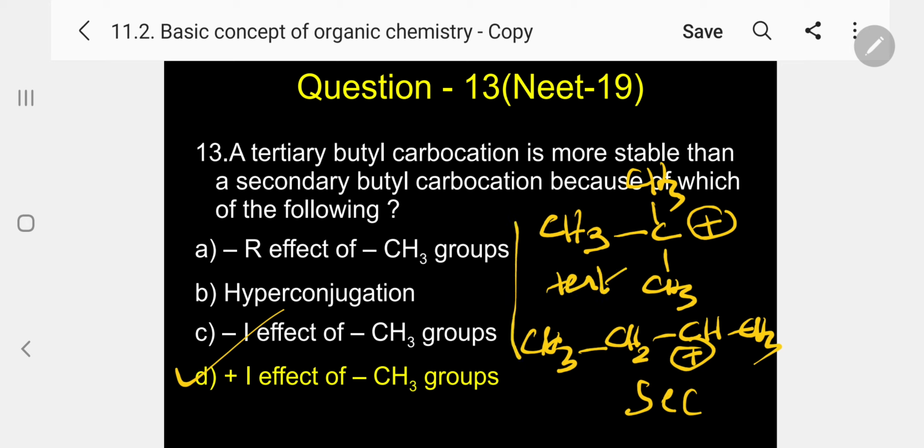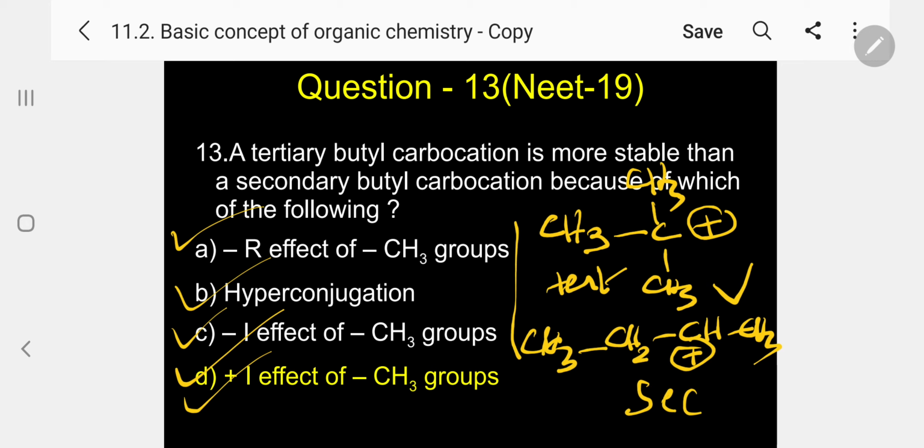So we are comparing these. The question is, a tertiary butyl carbocation is more stable than the secondary butyl carbocation because of which of the following? A, minus I effect of methyl group; hyperconjugation; minus I effect of methyl group; plus I effect of methyl group.